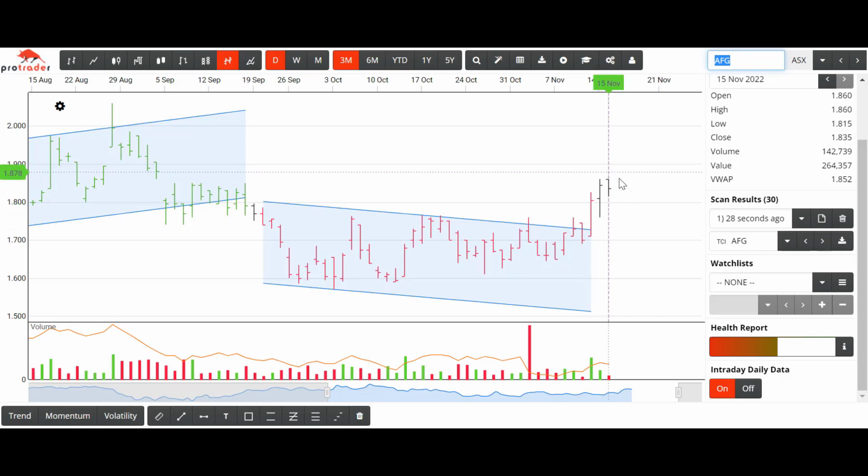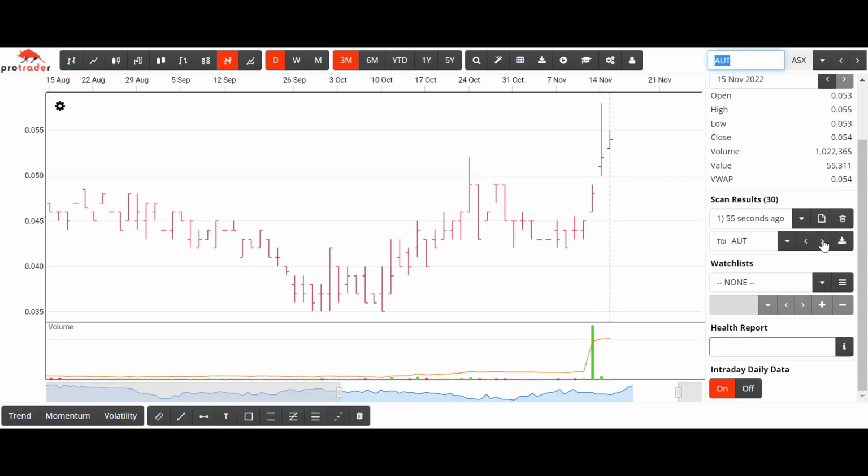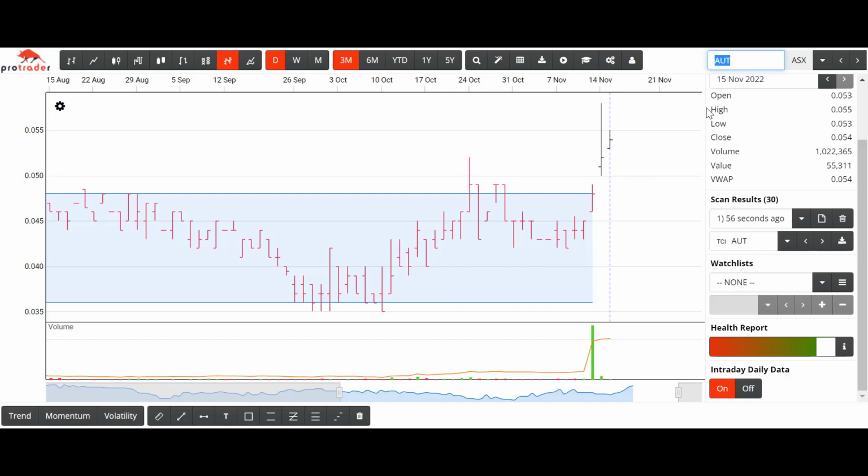Now we have 2 days of black tick. So the trend changed on the 14th, yesterday, and is continuing today. So that to my mind is a pretty good indicator that AFG has changed trend. Despite the fact, pretty early days, we should be waiting for the 21 days.